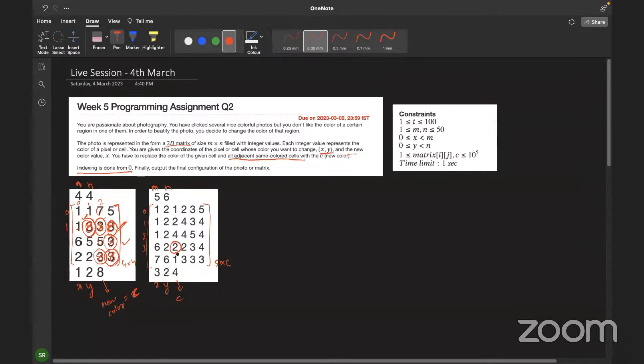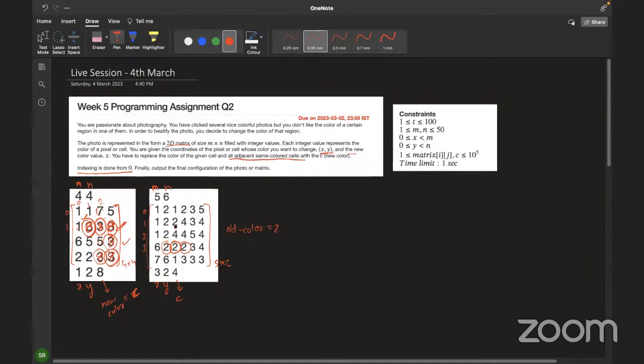And the color of this cell, this is the old color. We'll just make the old color was 2. We'll just remember this and start looking at the adjacent cells for this. You'll find that you need to change this one. For this one, there are no adjacent cells with the color 2.